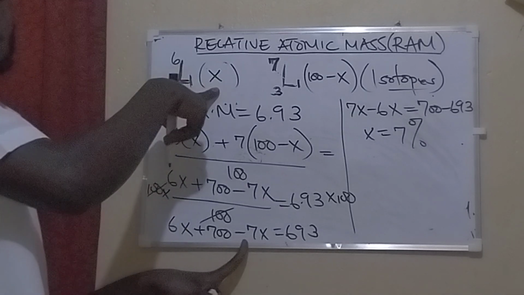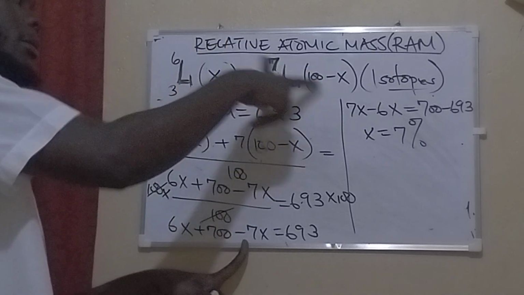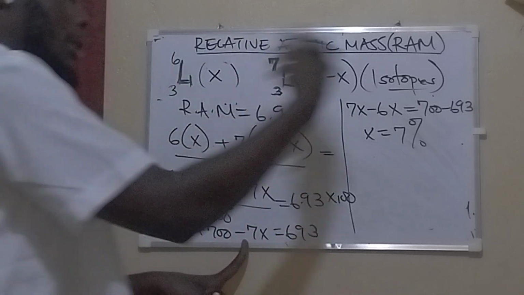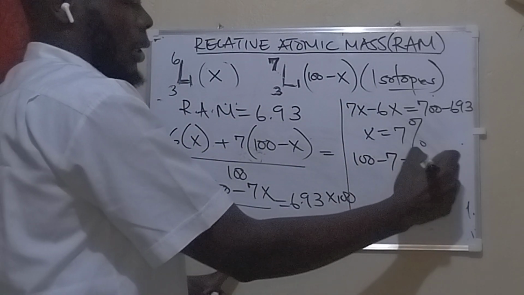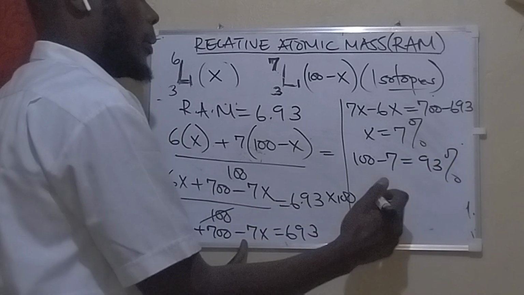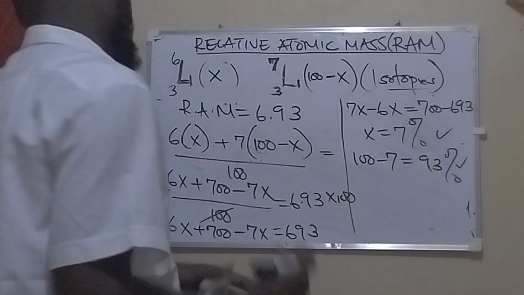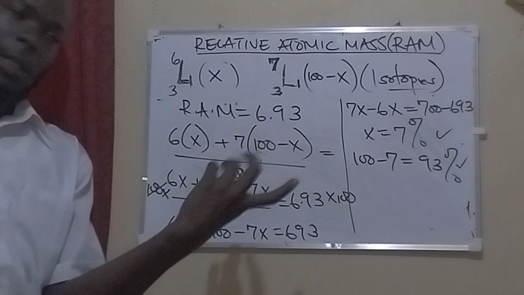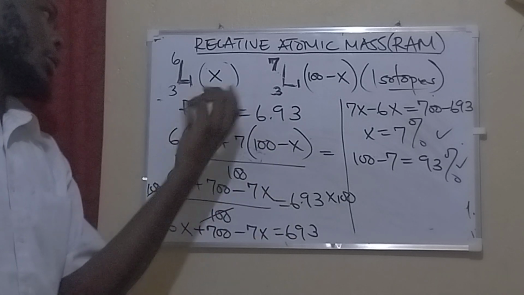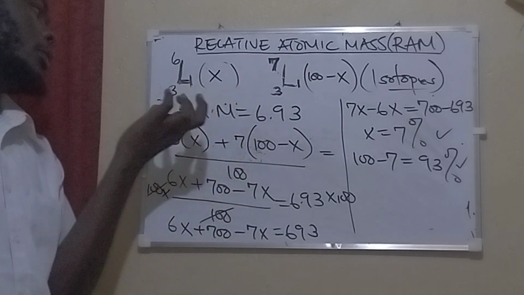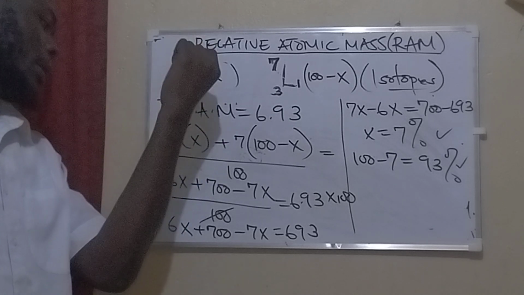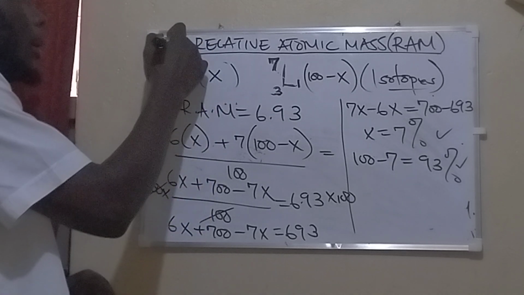So if this atom is 7% and we know that abundance adds up to 100, the other one will be 100 minus 7, which gives 93%, the abundance. So you can be given such a question where they want you to find the abundance, or they just want you to calculate the relative atomic mass.